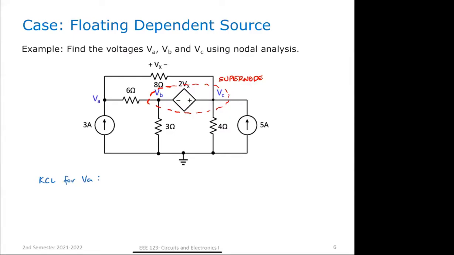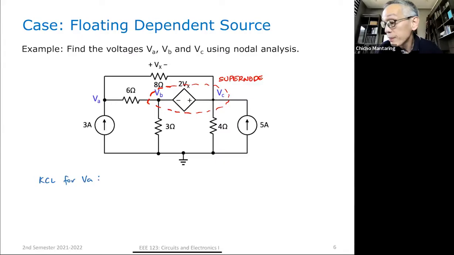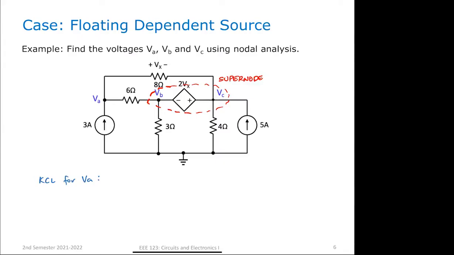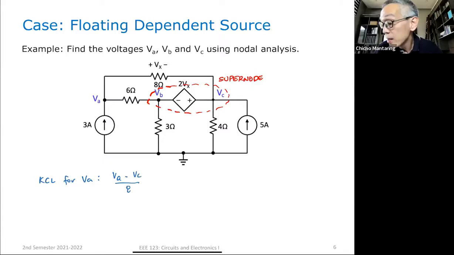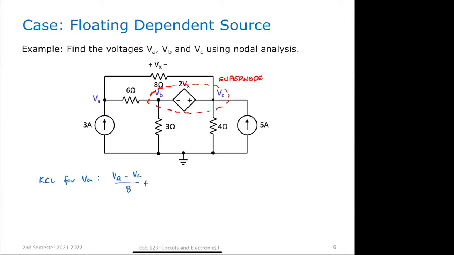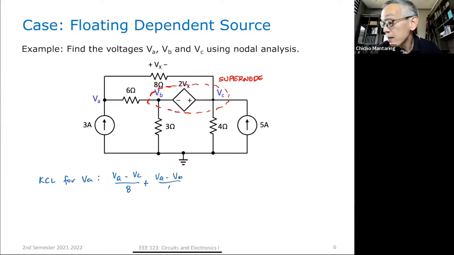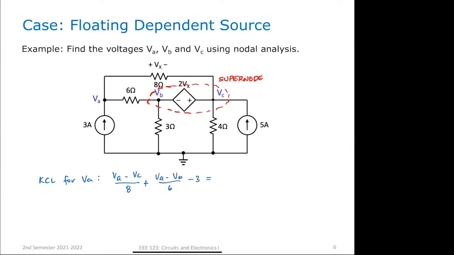Can you tell me the KCL for V sub A? For node A: (VA minus VC) over 8, plus (VA minus VB) over 6, minus 3, equals 0. Okay, good.